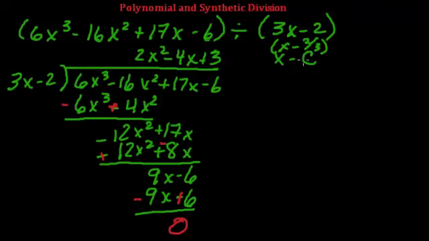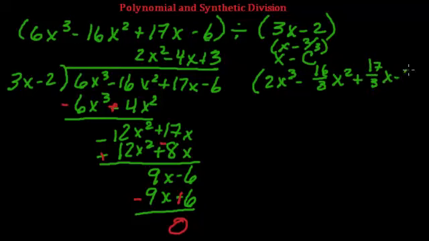And if I divide this one by 3, I ought to divide the other one by 3 as well. So let me write it down over here: 2x cubed minus 16 over 3 x squared plus 17 over 3 x minus 2, and we're going to have it divided by x minus 2 thirds. And that's going to be lovely.